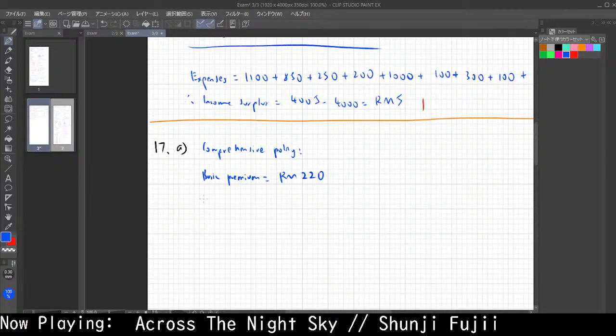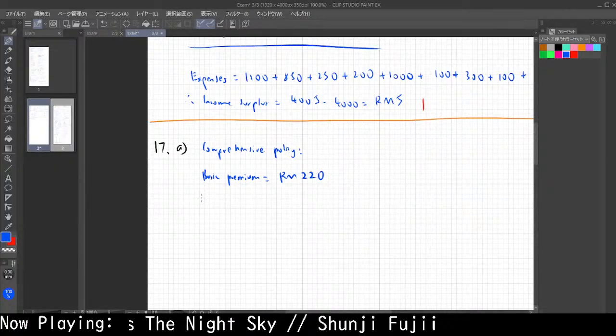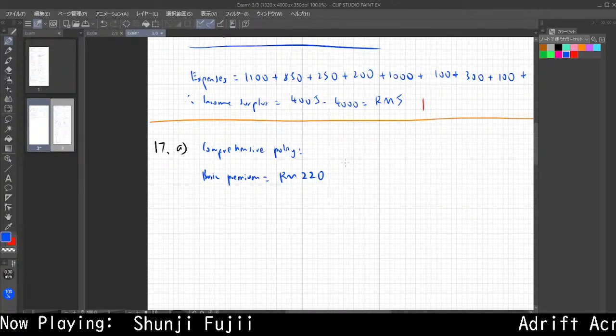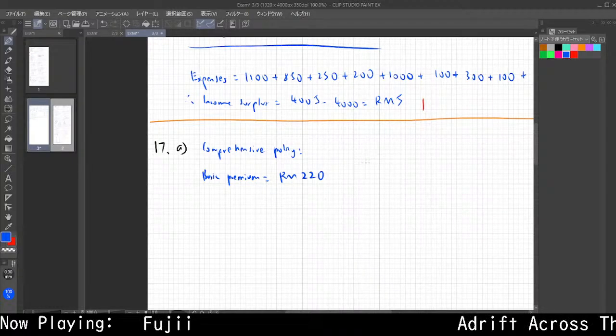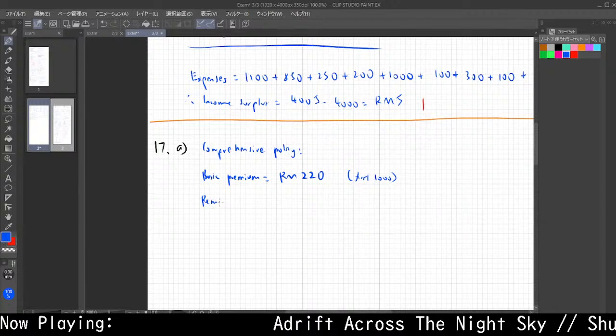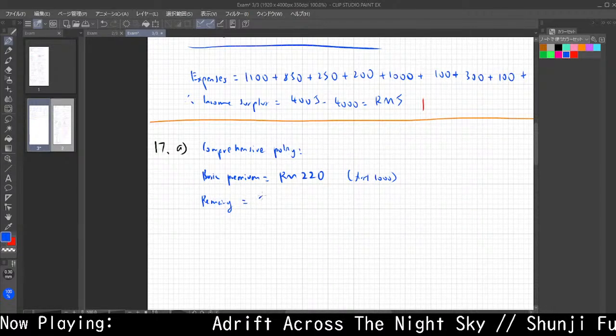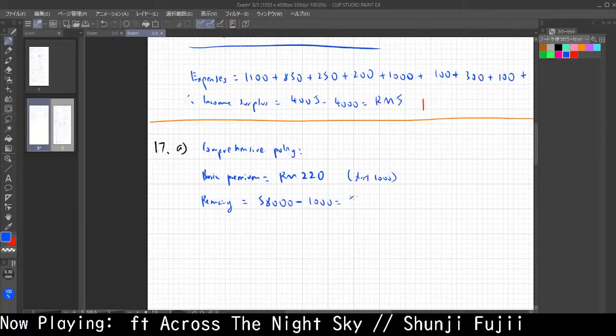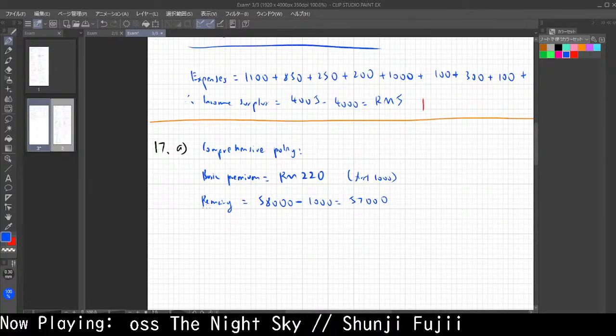This is for your first 1,000 ringgit. So for the remaining, you take 58,000 minus 1,000, and you get 57,000.